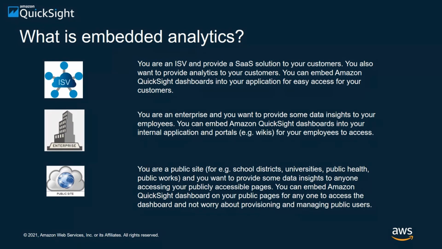On the other extreme, let's say that you're a public site such as a school district, university, a public health website, or a public works website, and you want to open up data for anyone on the internet to be able to access your dashboards. You can do that using Amazon QuickSight's Embedded Analytics Suite too. You can embed a dashboard and open it up to the public, and anyone who can access your website will be able to access these dashboards. So here are three quick use cases where you can use embedded analytics.